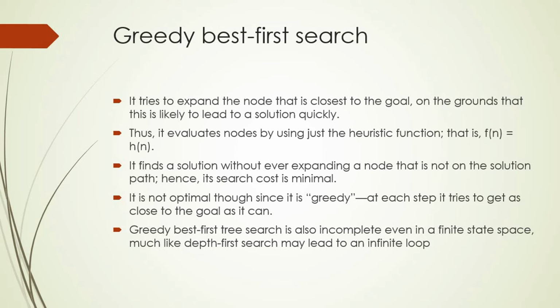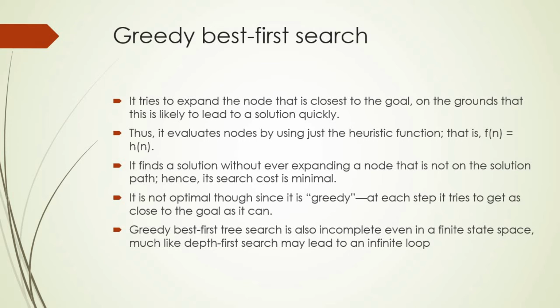So it evaluates the nodes by using just a heuristic function, that is f of n is equal to h of n. If it finds a solution without ever expanding a node that is not on the solution path, the search cost becomes minimal, because it doesn't even need to expand a node that is not on the solution.